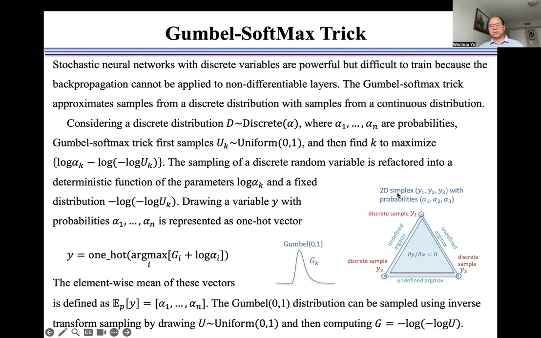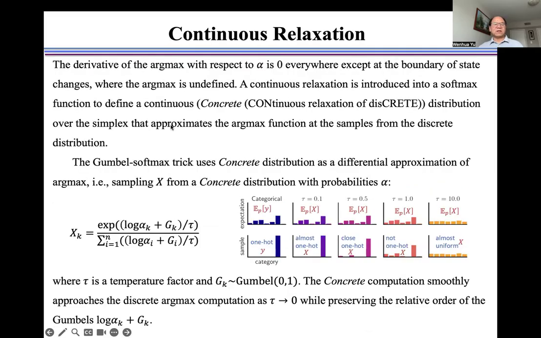And this is a 2D simplex of 3 points, y1, y2, and y3 with the probabilities alpha 1, alpha 2, and alpha 3. The derivative of the argmax with respect to alpha is 0 everywhere except at the boundary of state changes, where the argmax is undefined.